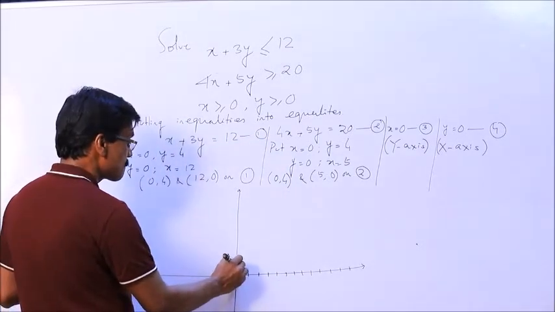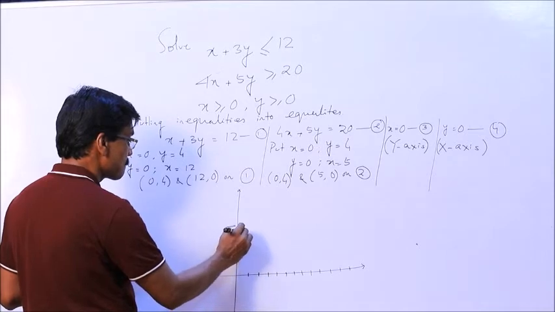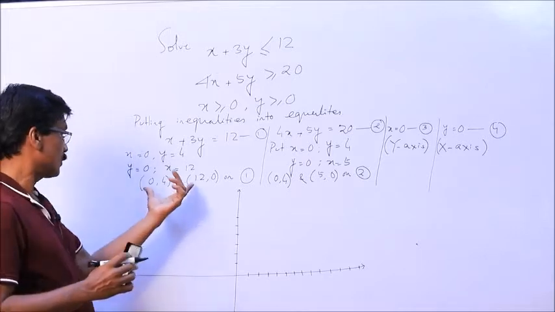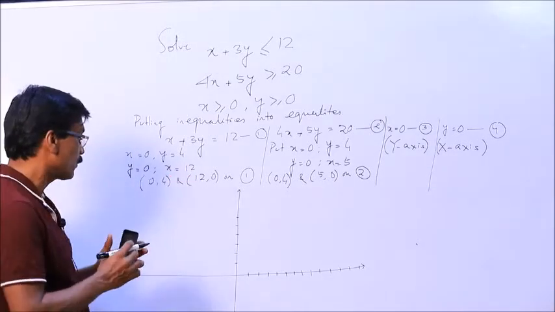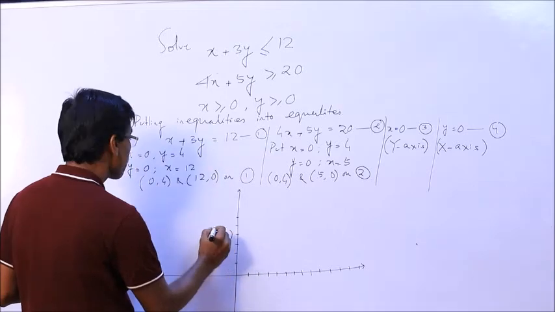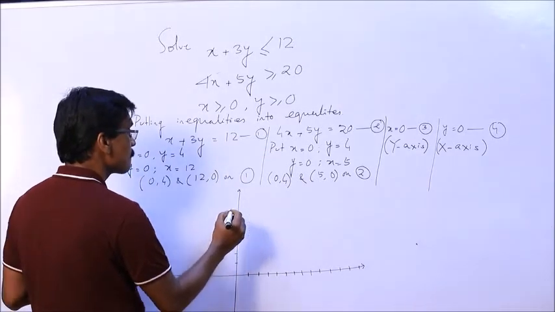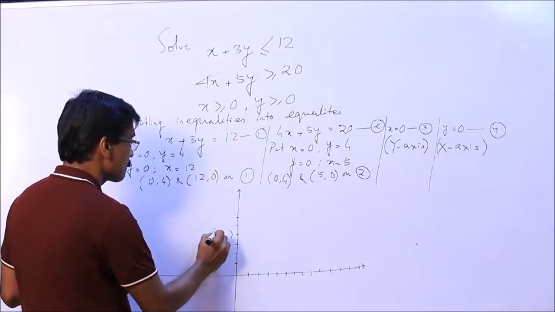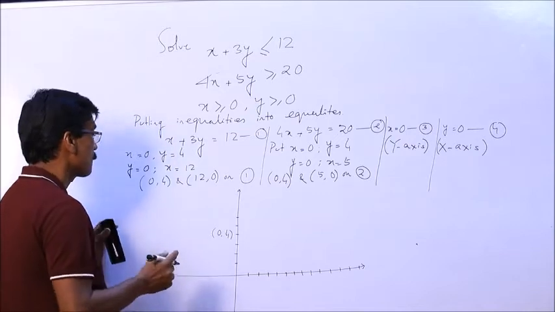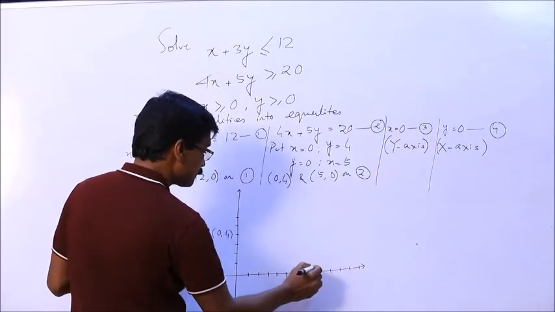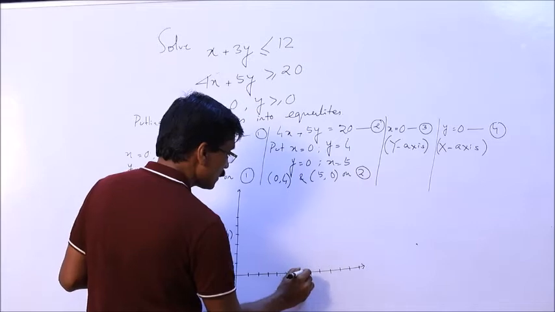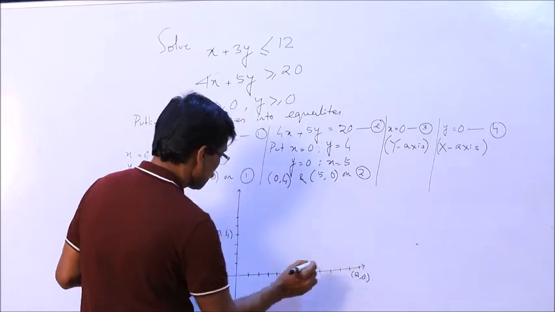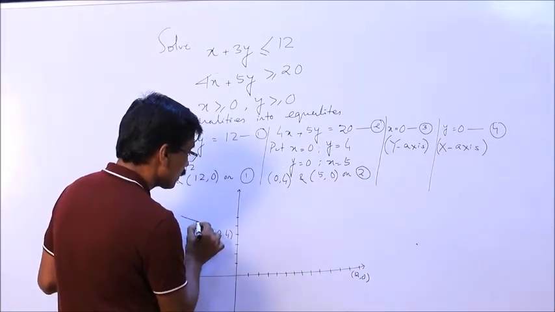So, first point is 0, 4, and 12, 0. So, this is inequality 1.